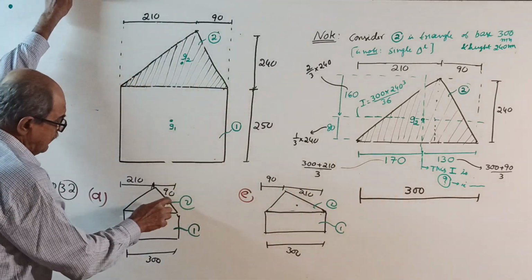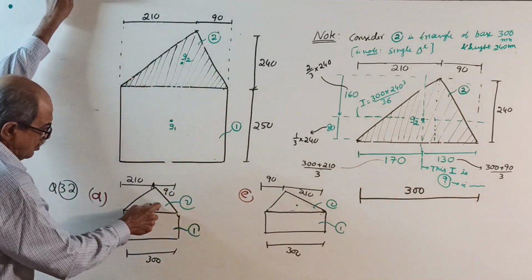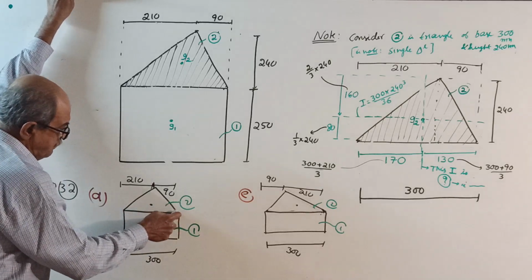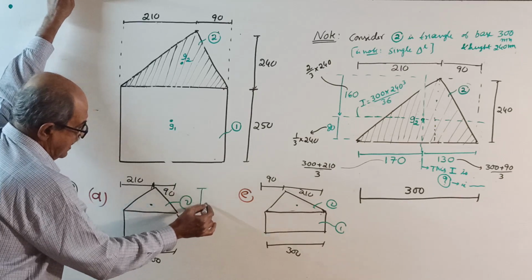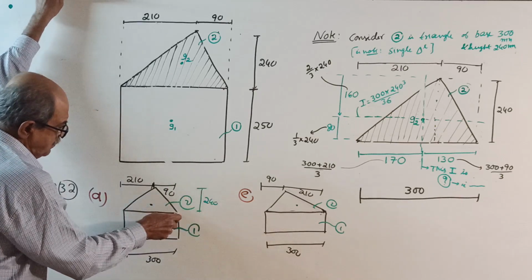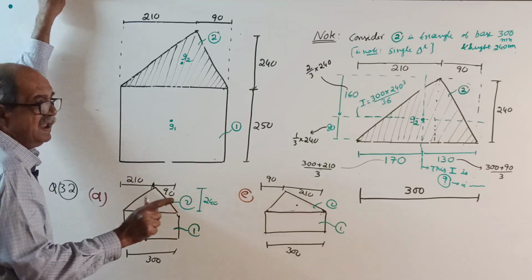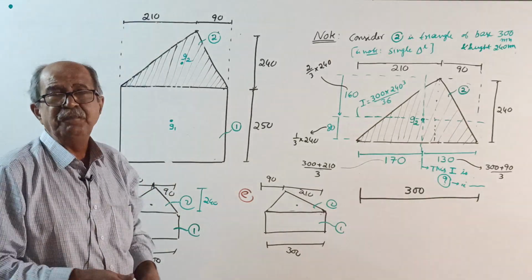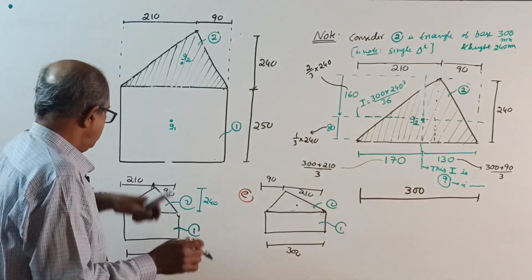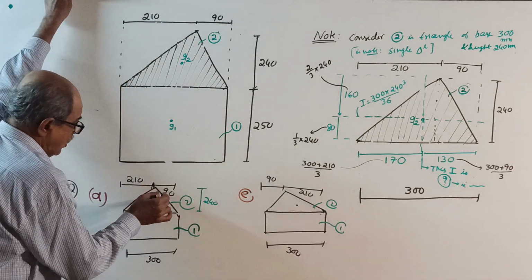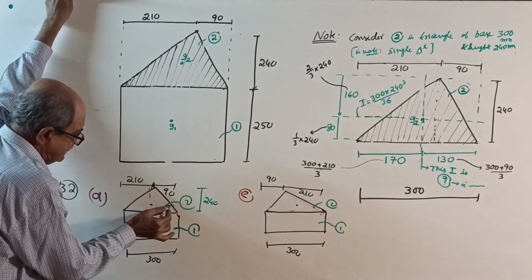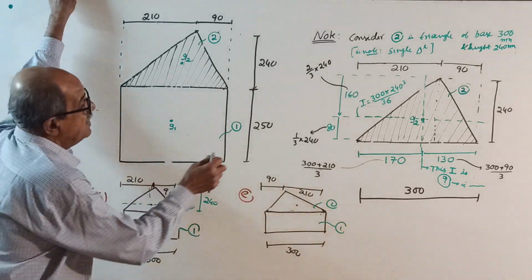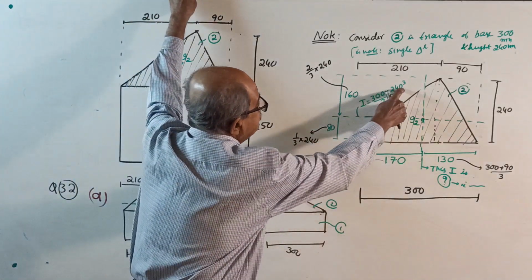There is no problem for moment of inertia about this axis because the base is 300. Height is, I think, 240. Okay, height is 240. So, base into height cube by 36 when the base comes to the edge. But when you want I about the centroid here, see this axis, no problem. I wrote here, I is BH cube by 36.